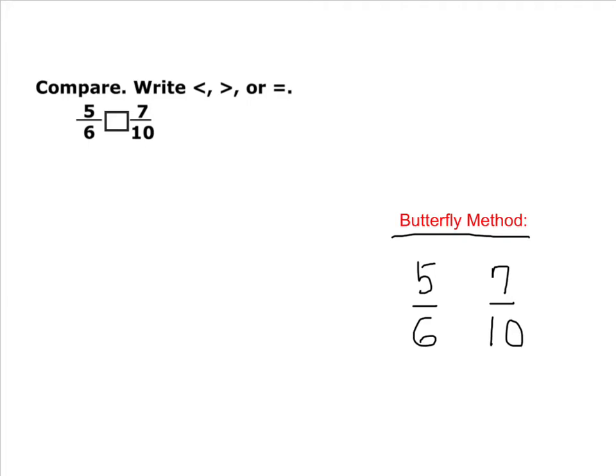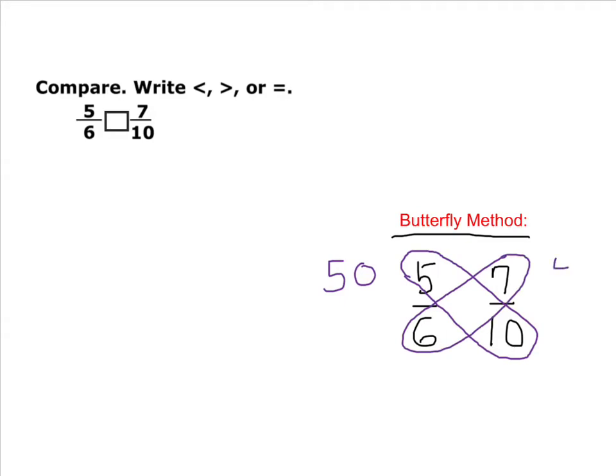We cross multiply the 5 and the 10, which gives me 50. Then we cross multiply the 7 and the 6, which gives me 42.